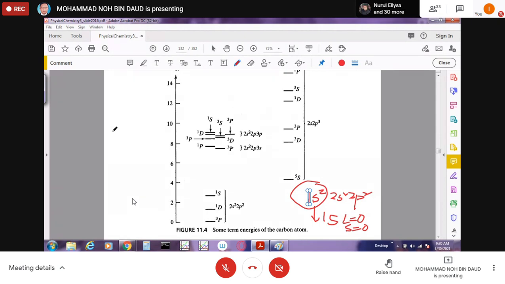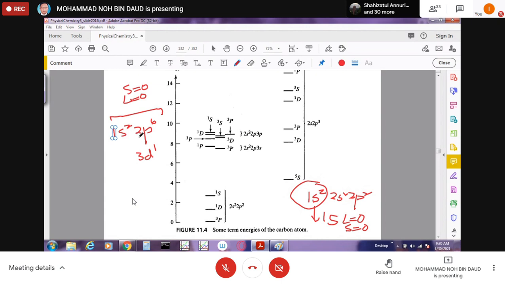Let's say we have here this combination 2p6, 3d1. You can ignore this one. This closed shell is always L0, S0.